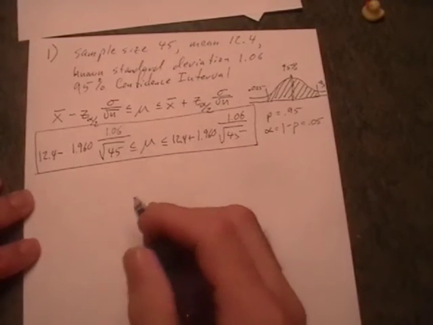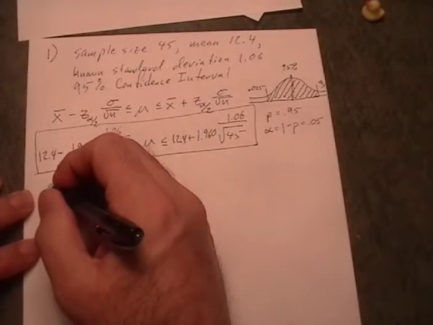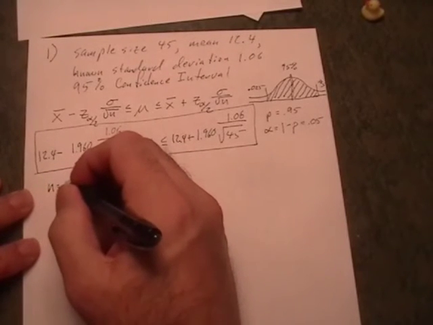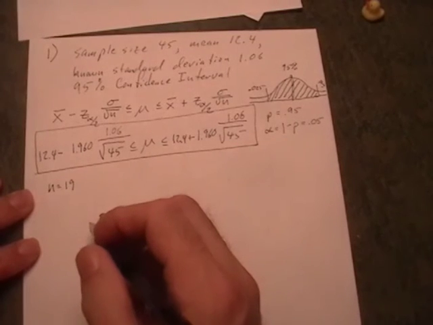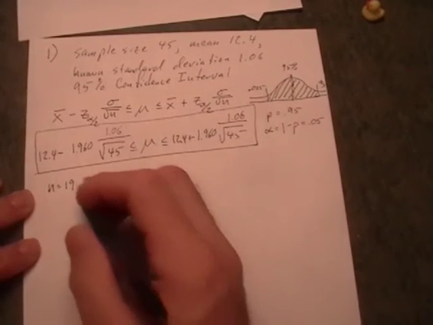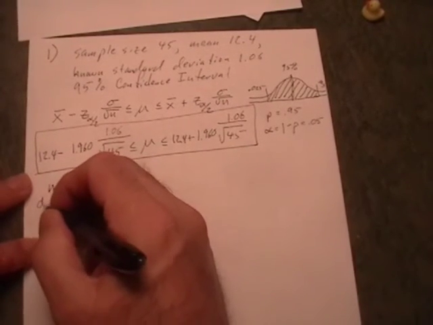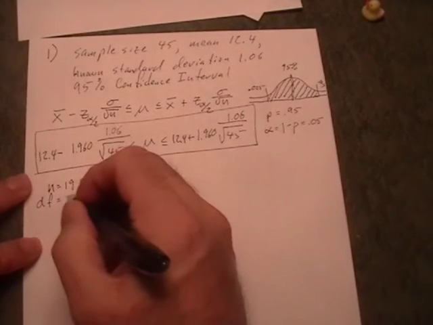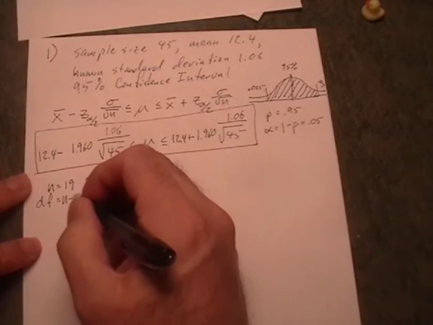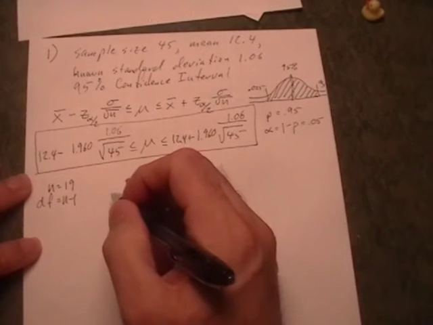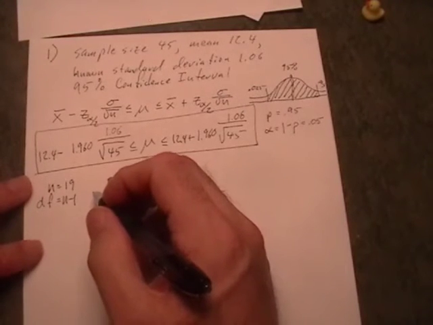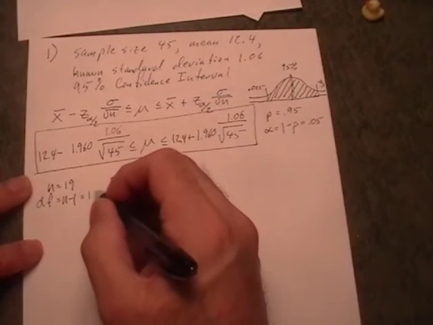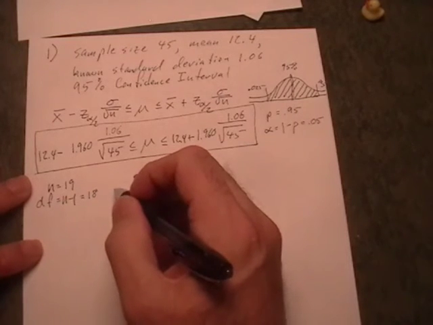If it was a t-distribution, suppose that I told you that n was 19. It turns out that the degree of freedom that you would use is always going to be n minus 1 for a simple t-distribution. So in this case, that would have been 18.